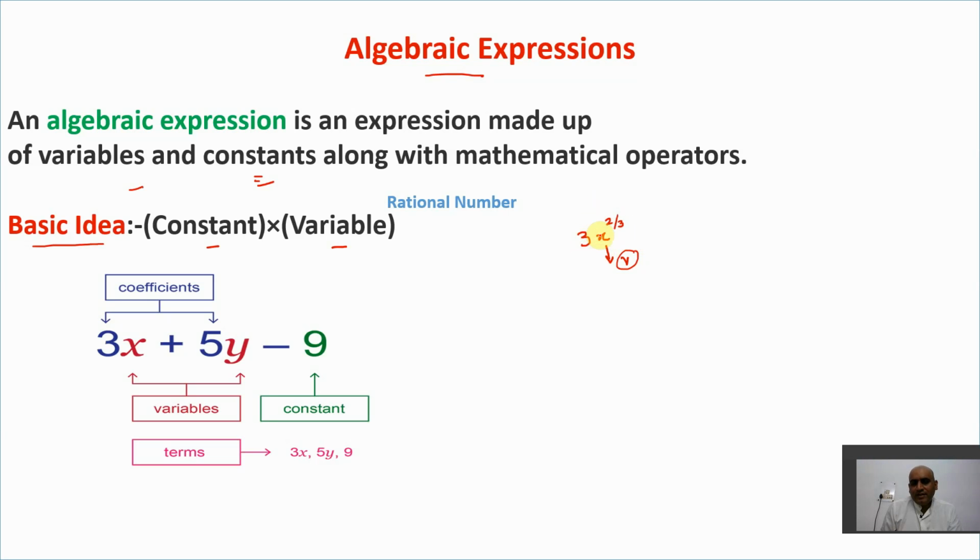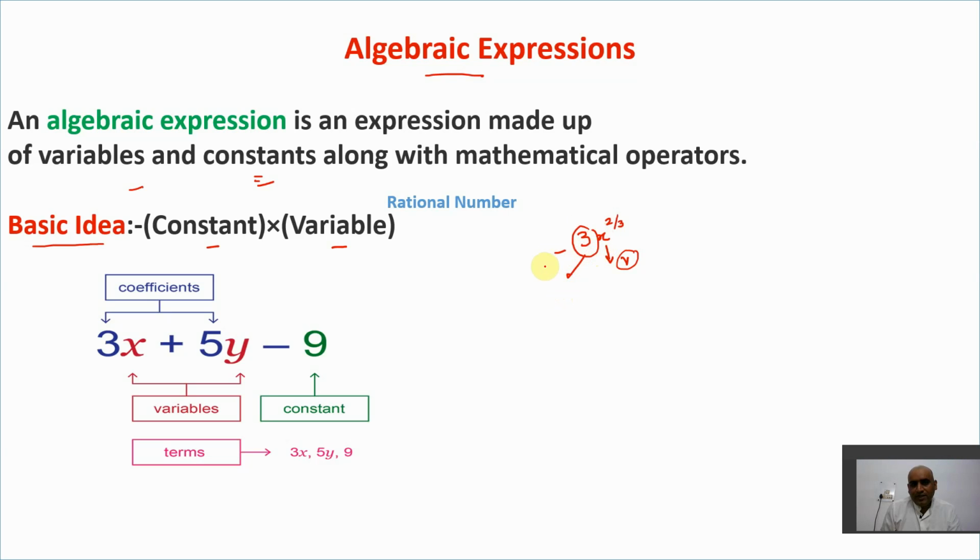Whereas the number associated with x is this 3, right? So this 3 is basically a coefficient of x.